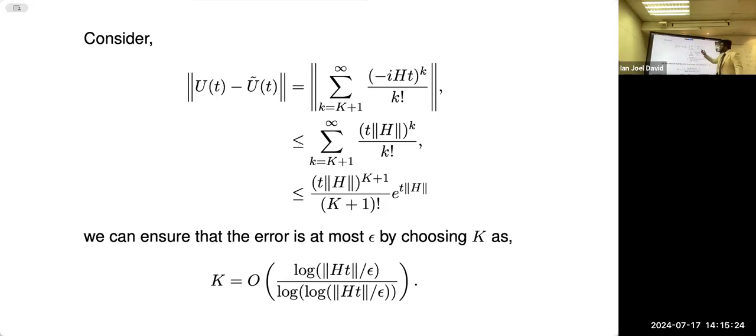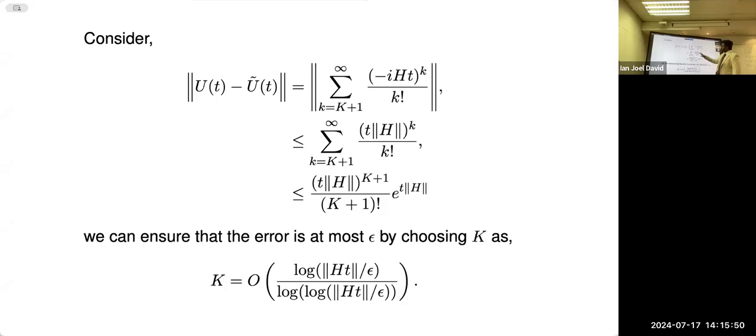So all we're left with afterwards is just the error term, which is going to be from K plus 1 to infinity. What you do is you then use sub-additivity and sub-multiplicativity to take everything in.